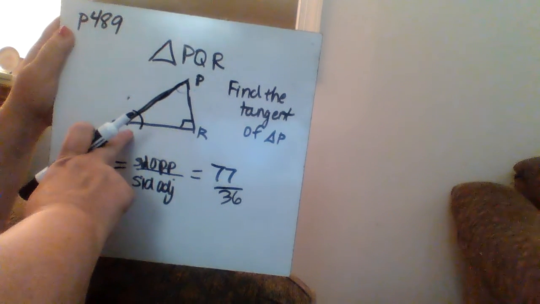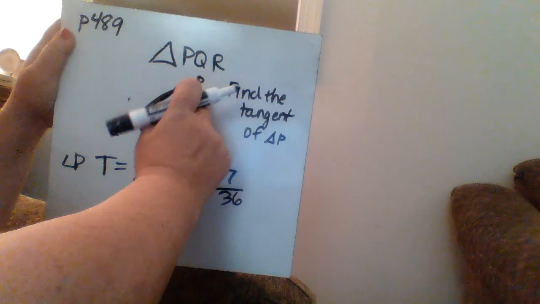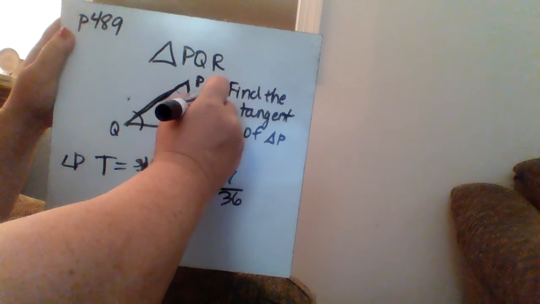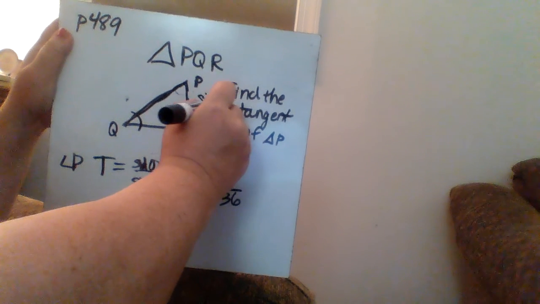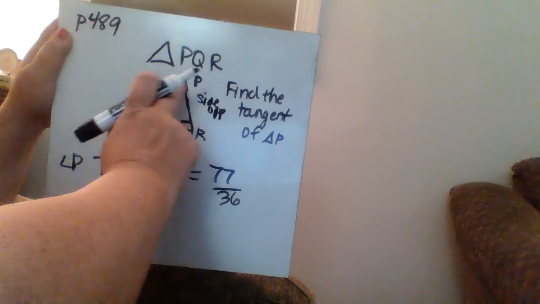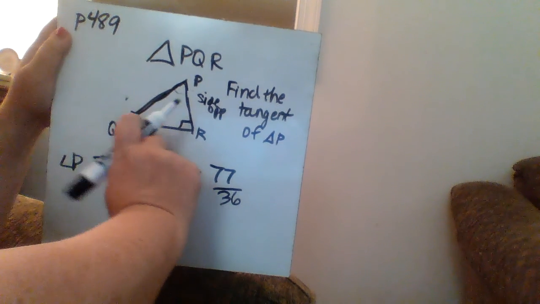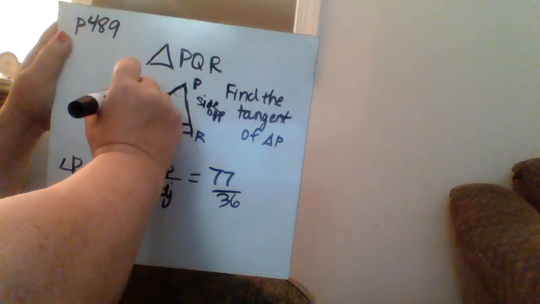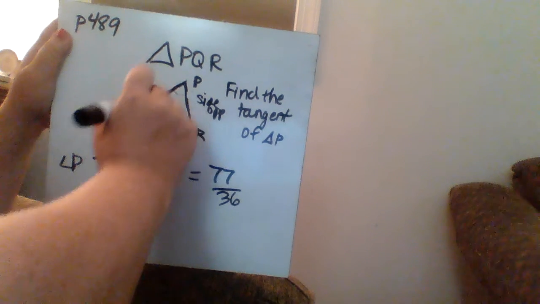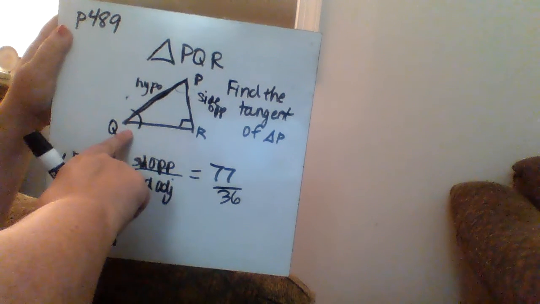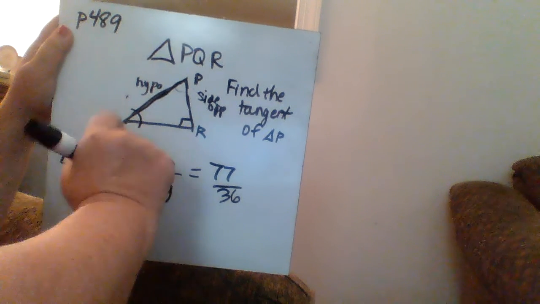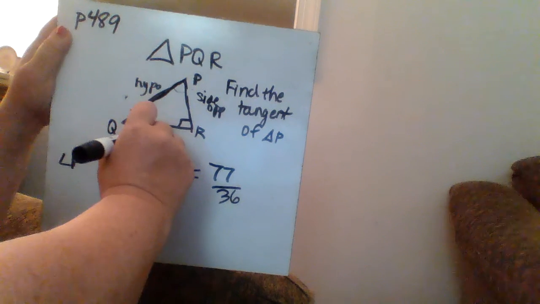For Q, our side opposite is here. And this still remains the hypotenuse, the side opposite our 90-degree angle. And now our side adjacent is here for angle Q.